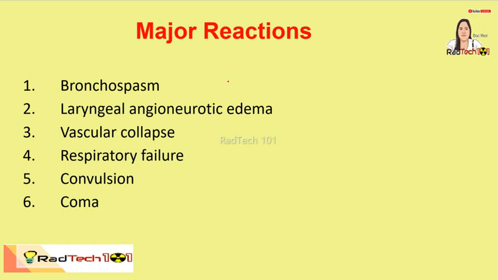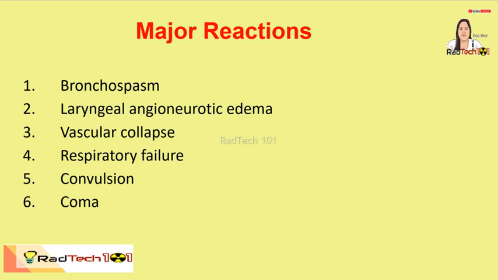And this can be life-threatening. Kaya major reaction siya. For laryngeal angioneurotic edema, it can cause choking. So angioedema is an area of swelling or edema of the lower layer of the skin and tissue just under the skin or mucous membranes.